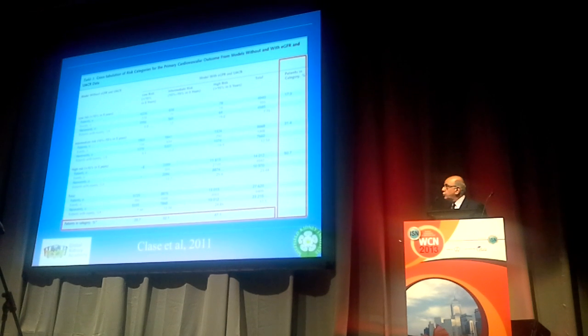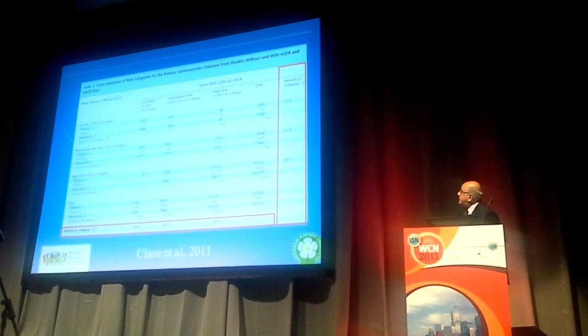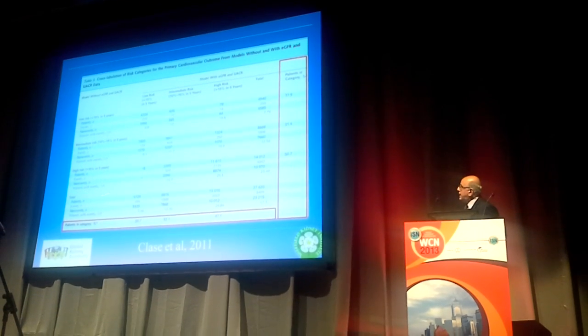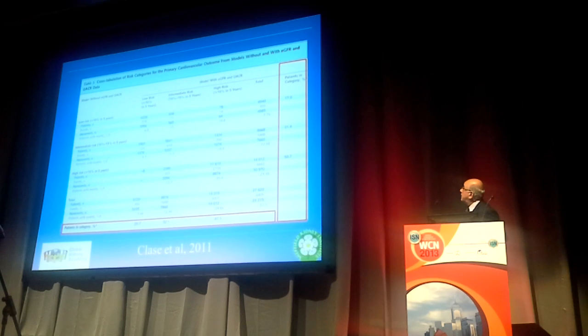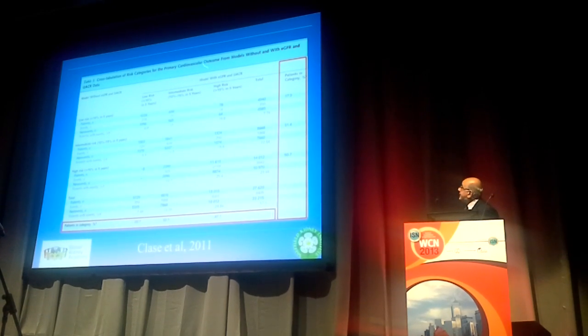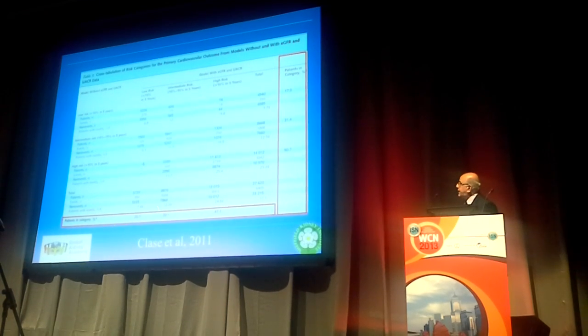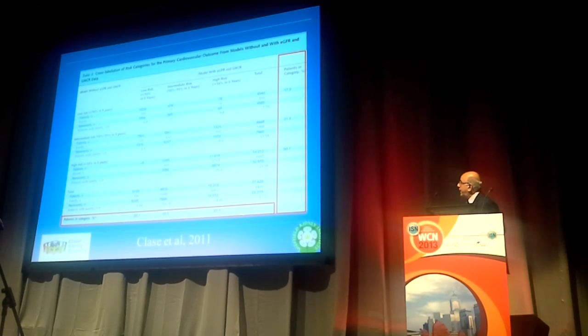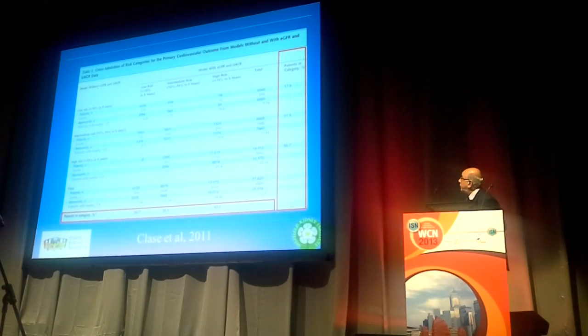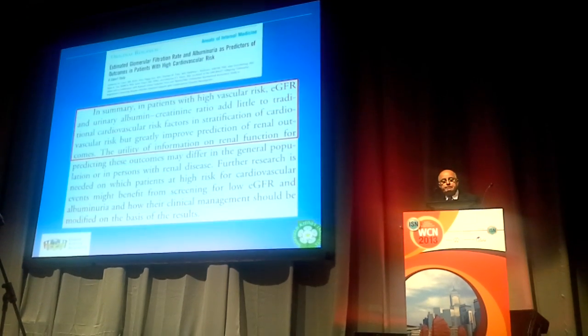In a higher risk group of patients, Catherine Claes did exactly the same analysis. Low cardiovascular risk, intermediate cardiovascular risk, high cardiovascular risk. Percentage of patients in each category, added eGFR and albuminuria: no reclassification, no change in the categories whether you have albuminuria and eGFR compared to standard Framingham-style prediction scores.